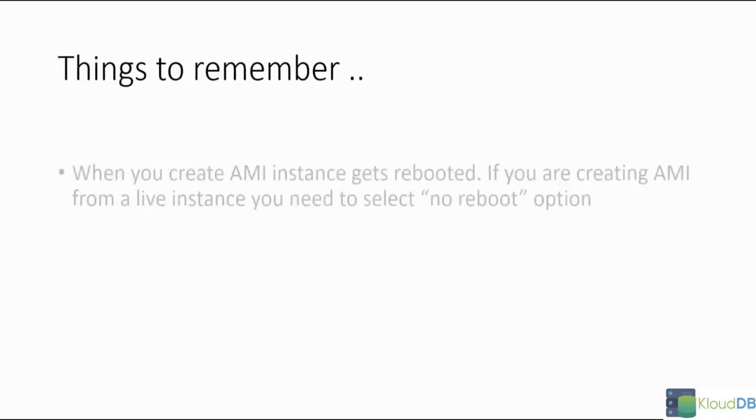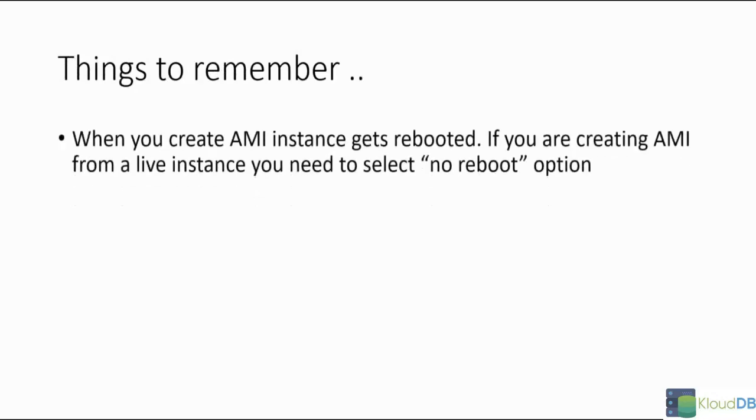Things to remember. When you create an AMI, you need to select the no reboot option. This is very important. When you create using the dashboard, there's an option called no reboot, which means that you are creating an AMI based on an EC2 instance that is running already.